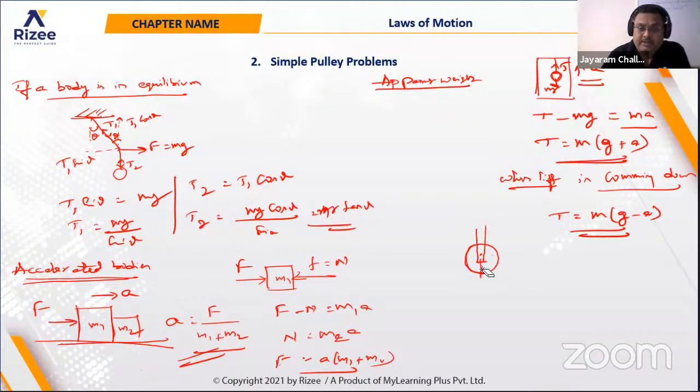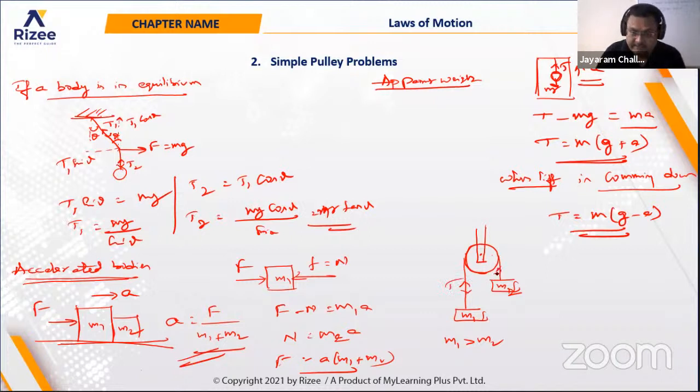What will be the acceleration of one body, and what will be the acceleration of the other? Let us take the two bodies, m1 and m2, where I consider m1 greater than m2, with tension T in the string.